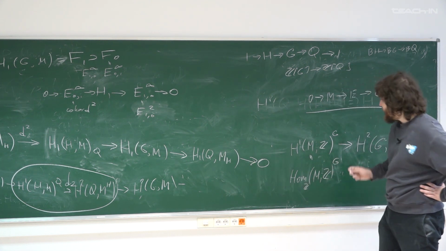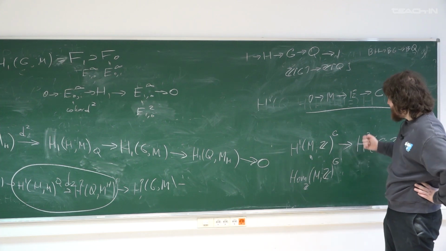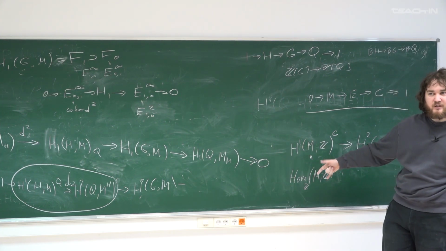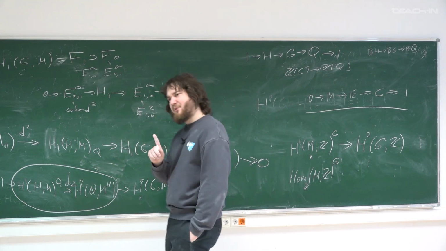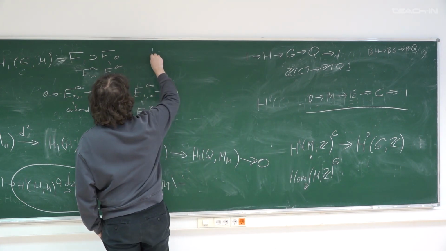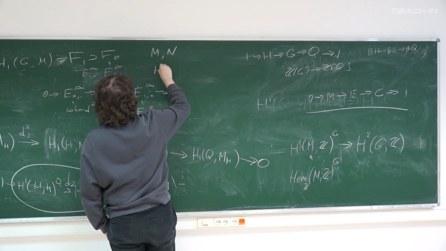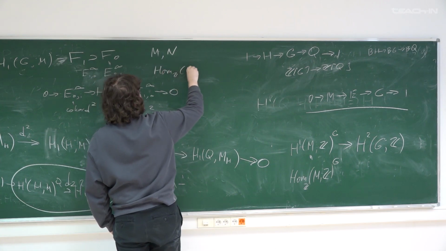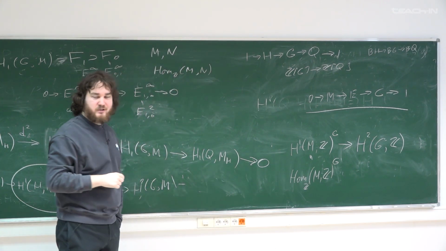And the G action. What is the G action here? The G action here is just the action on M. Maybe it's important for a second, it will also be important. If you have two G modules, you can consider Hom over Z from M to N, and this is also a G module.